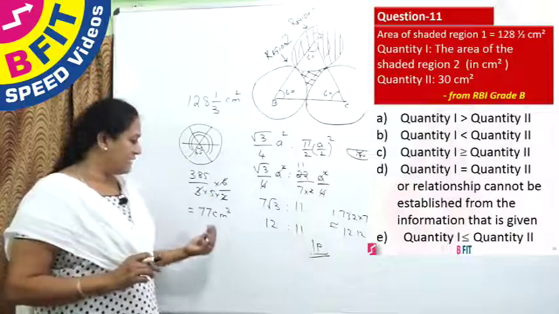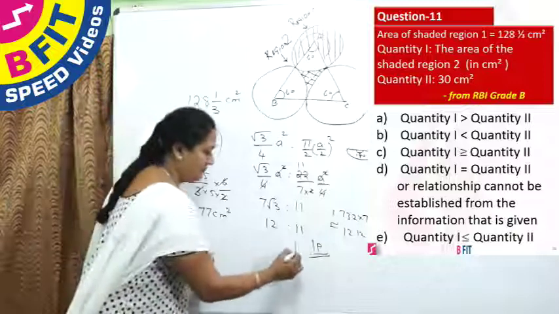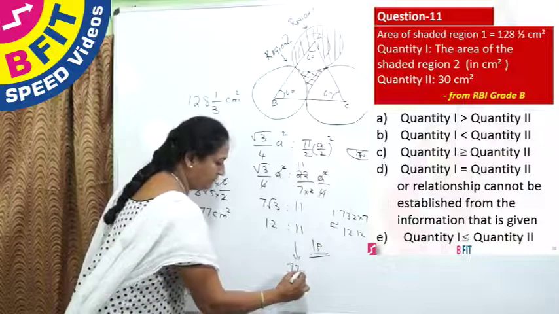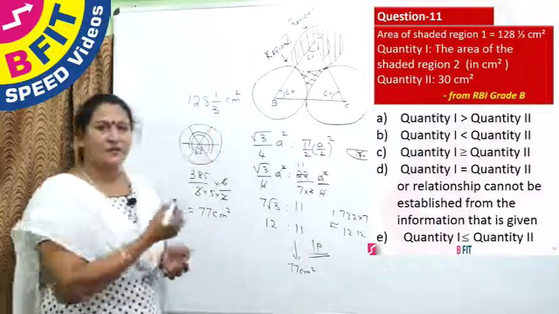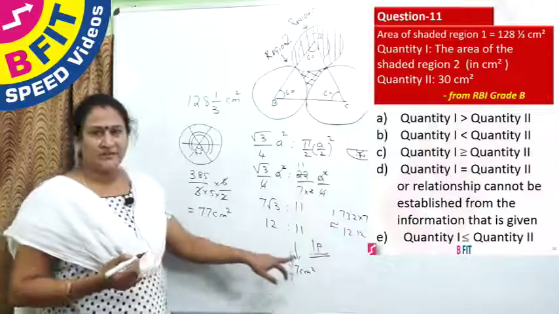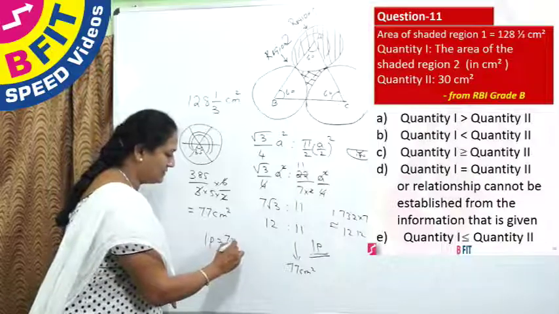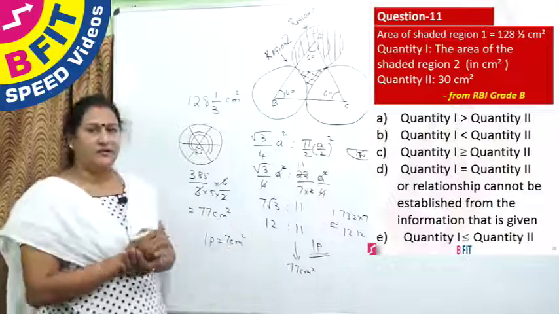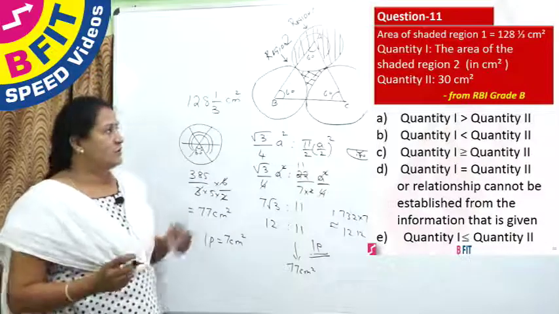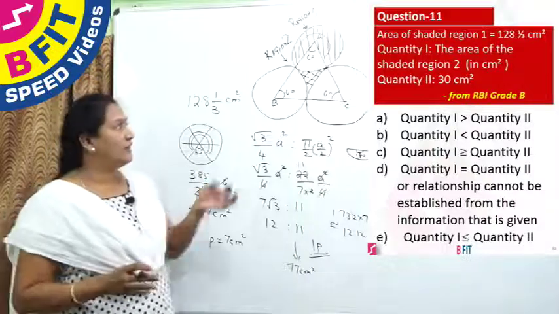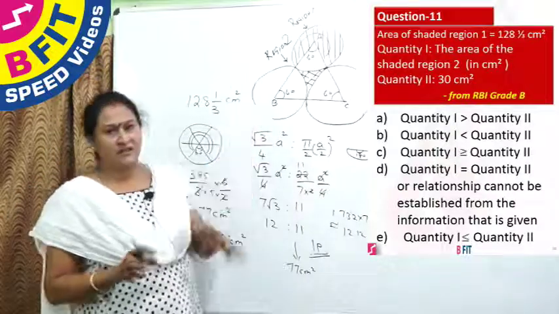If 11 parts is 77, what will be the value of 1 part? Divide 77 by 11. 1 part is 7 centimeter square. So friends, seeing the picture, don't think that we are asked to compare region 1 and region 2.